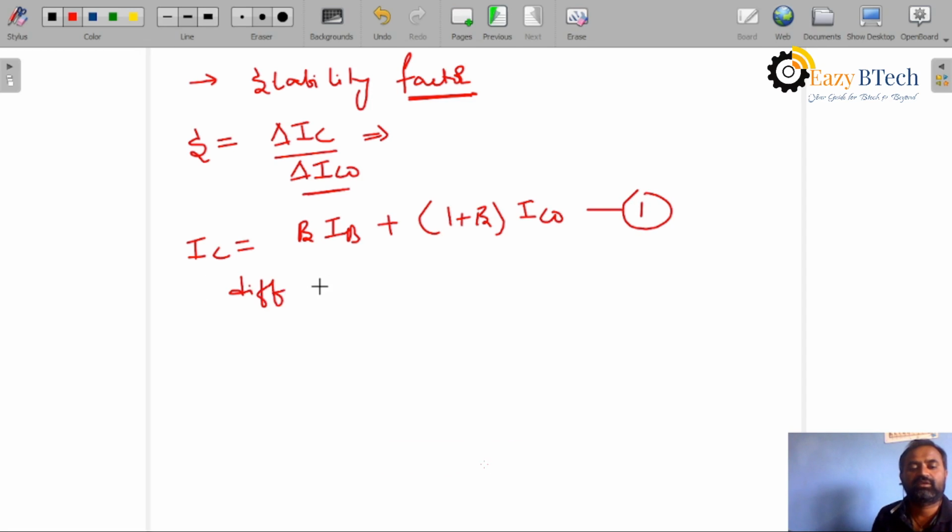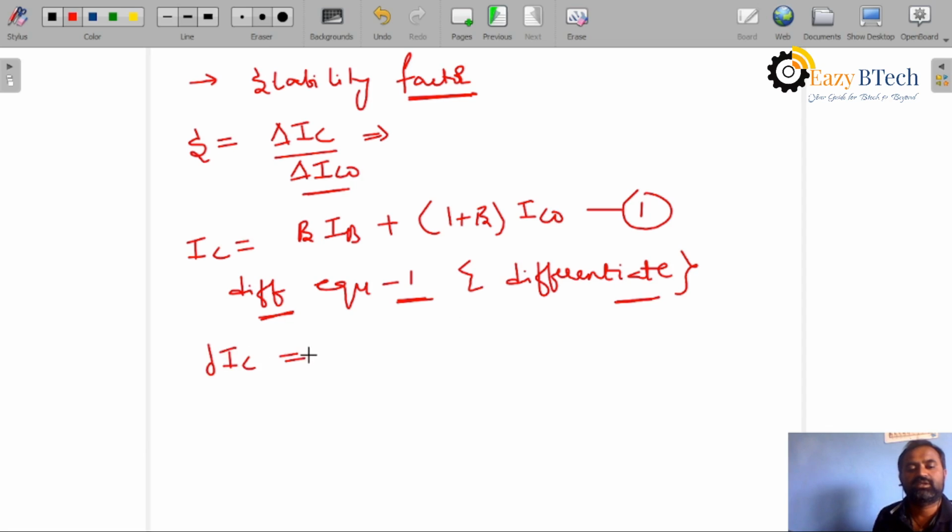Differentiate equation 1. We write: change in IC is equal to beta change in IB plus (1 plus beta) change in IC naught.